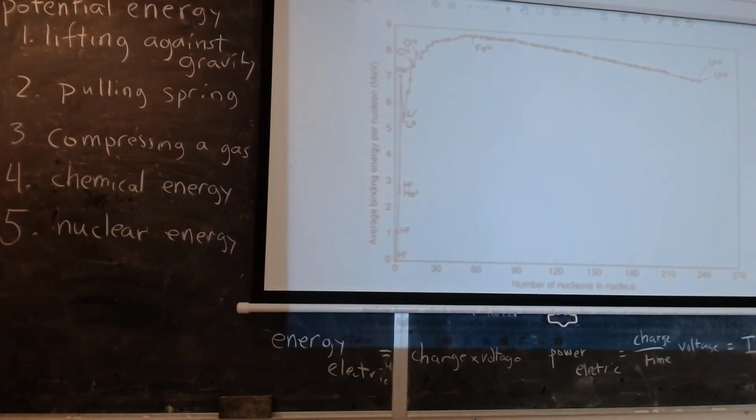And that's nuclear fusion. So nuclear fission is where you go from the right on that diagram to the middle or so. And nuclear fusion is where you go on the left of this diagram to, well, not the middle, but around there.